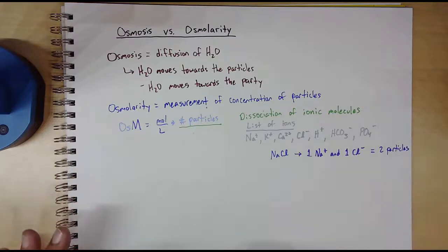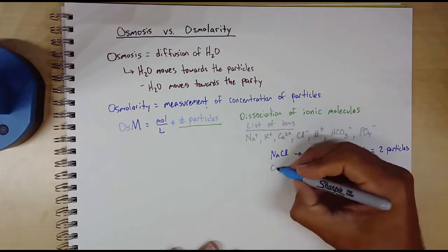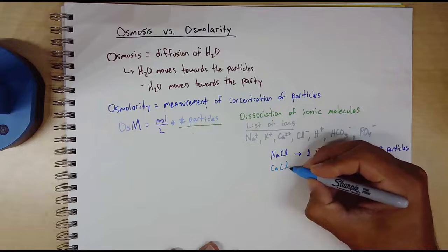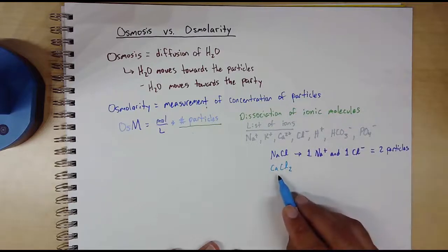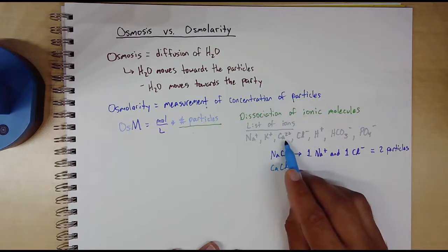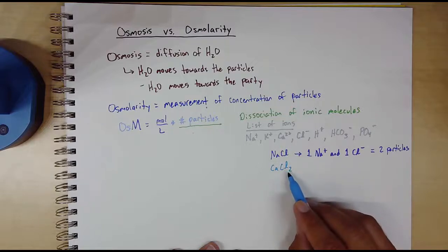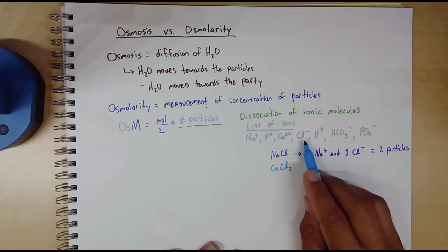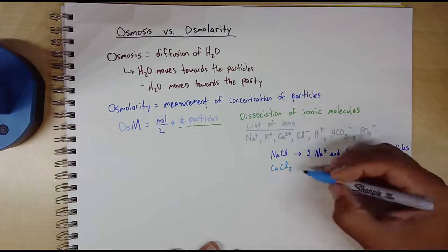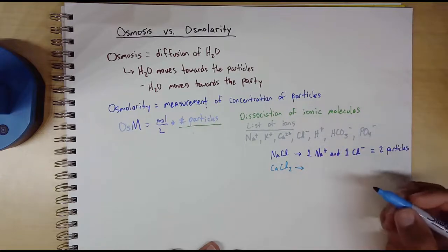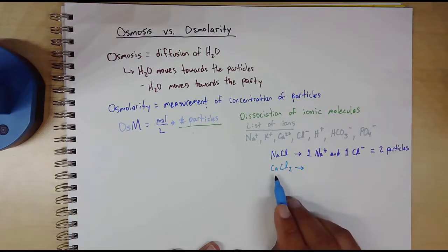Let's do another one. Let's go with calcium chloride. Calcium 2 plus is a cation. There's our chloride, there's our anion. But let's rip this thing apart, because in water it dissociates. And what are we going to end up with?